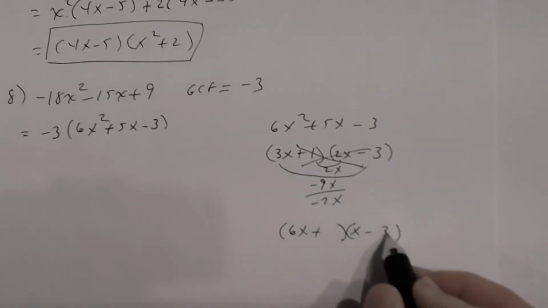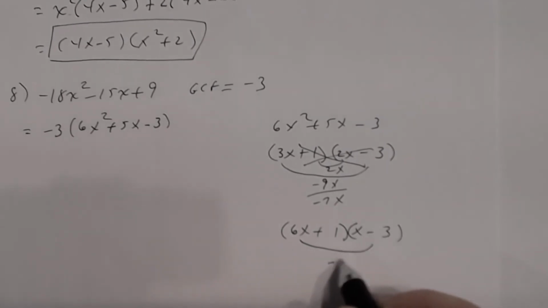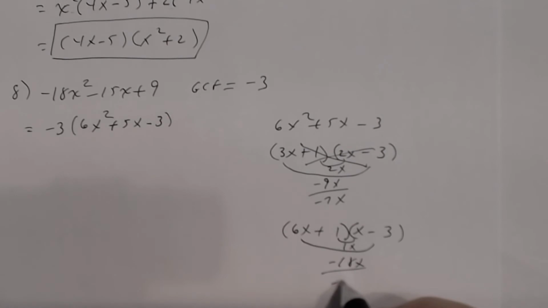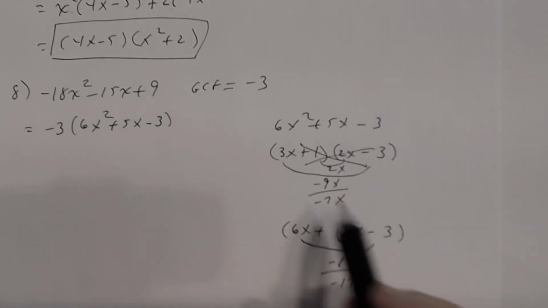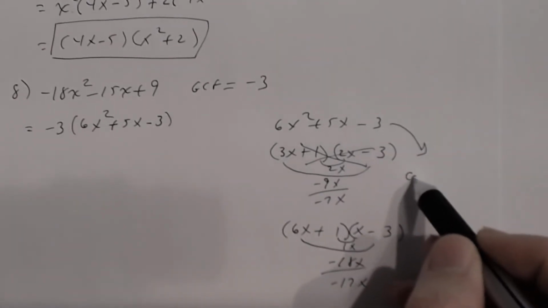So the 3 has to go here, the 1 has to go here. Let's check it. The outer is a negative 18x, the inner is a positive 1x. When I add them up, I get a negative 17x, and that's not what you wanted. Even if you switch the signs, it's not going to help either. All that does is make it a positive 17x instead. So I've exhausted all possibilities. That means that this right here cannot be factored.